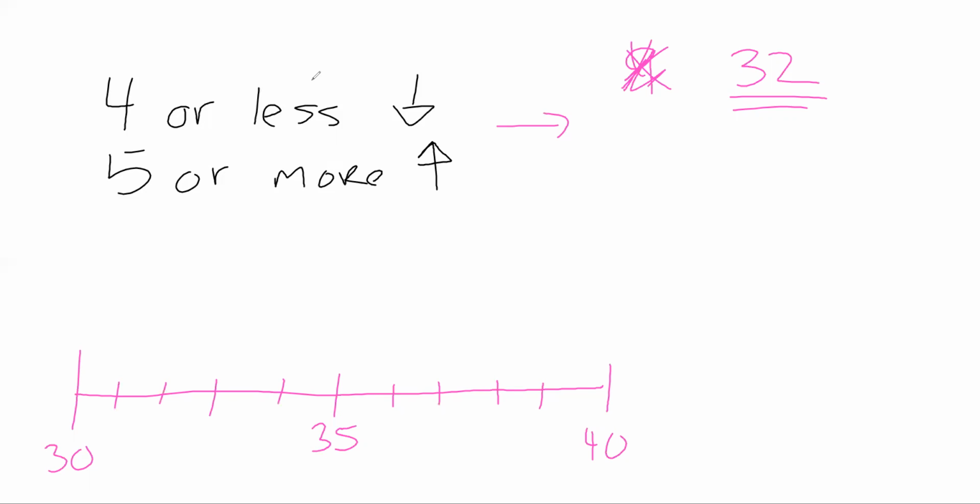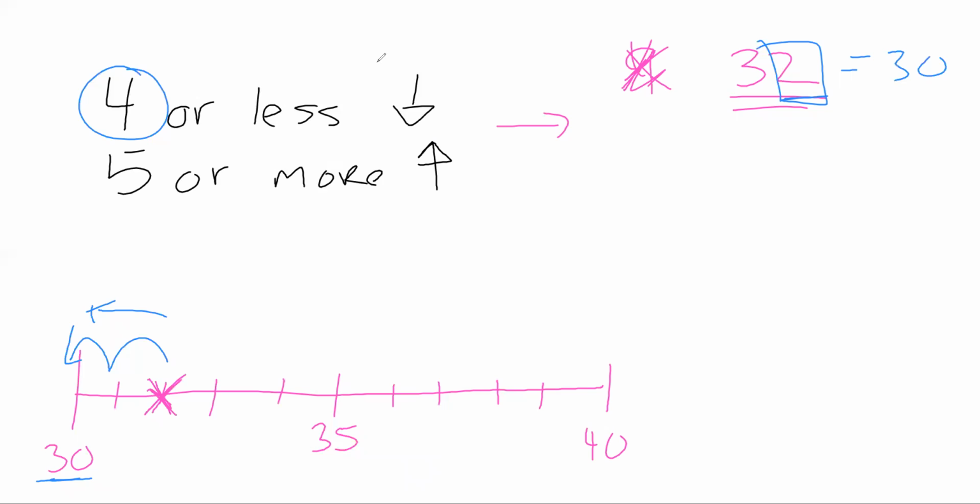What did I say? 32. So we would be right here. What I mean by 4 or less is the number in the ones place. Notice this is a 2, which is less than 4. And you can see 1, 2. That's why I mean round down. Notice I'm going backwards to get to 30. So this would round to 30.